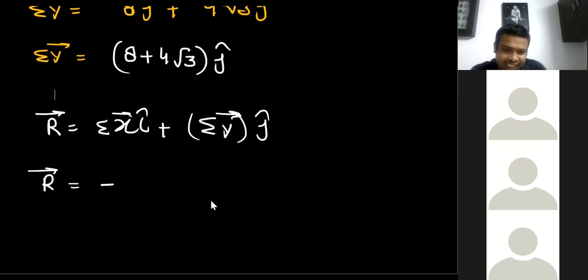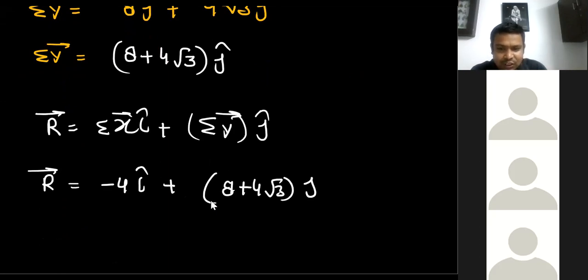The summation of X is minus 4 I cap, plus 8 plus 4 root 3 J cap.